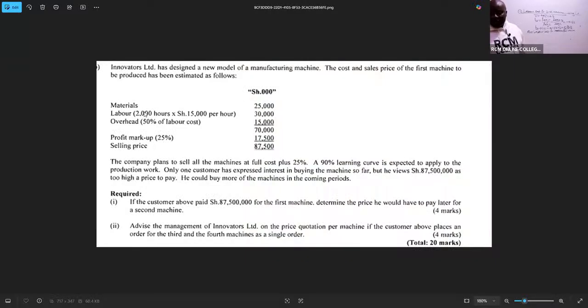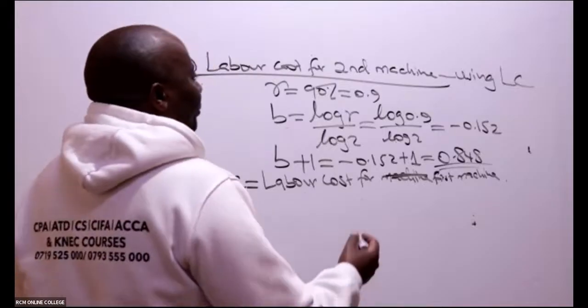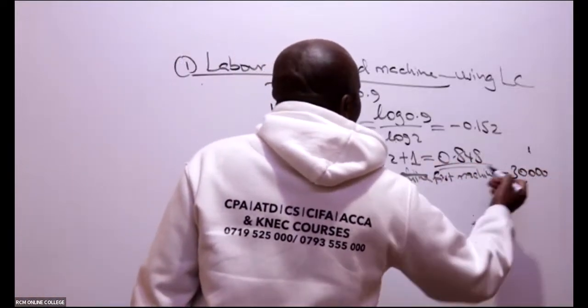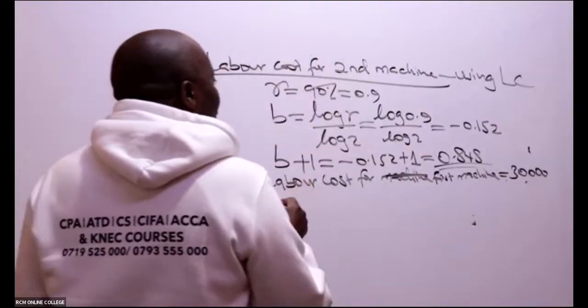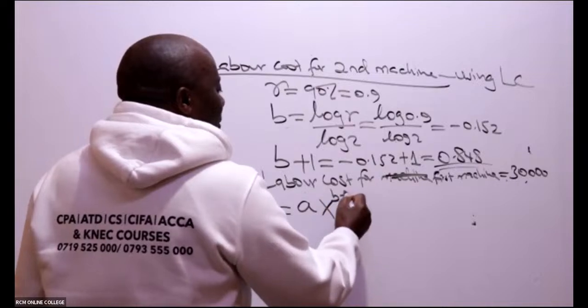You can see here, labor, don't take this 2,000. You'll still get the same answers, but they've already done this for me: 2,000 times 15,000 is 30,000 shillings thousands. So the labor cost for the first machine, which I will use, is 30,000. Again, we can now easily remember our formula is y equals ax raised to the power b plus 1.